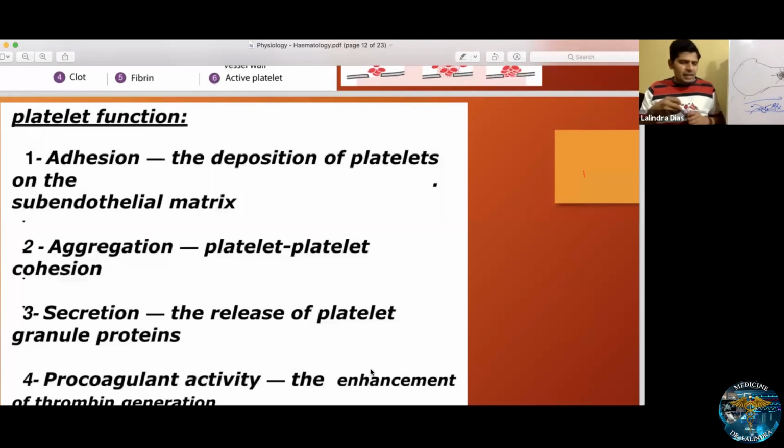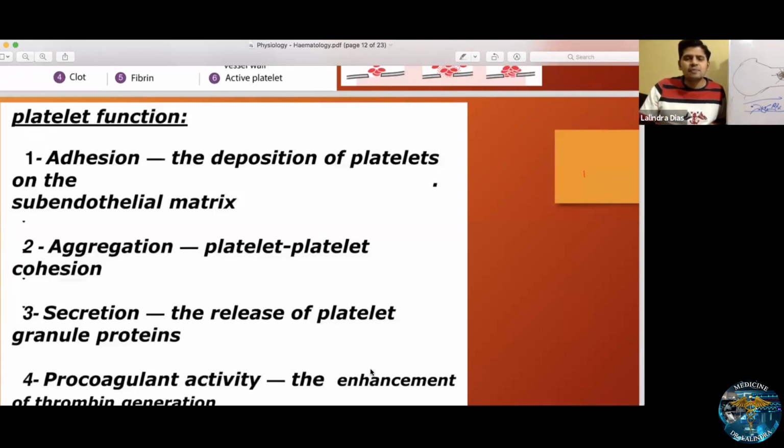So when all the platelets get adhered to that defect, they will start secreting, and then they will start aggregating, and they will make a nice seal here, a nice packed environment, and you don't get any more bleeding. So that's the function of platelet adhesion. That is deposition of platelets on the subendothelial matrix. Subendothelial, the inner side. The inner side is called subendothelial.